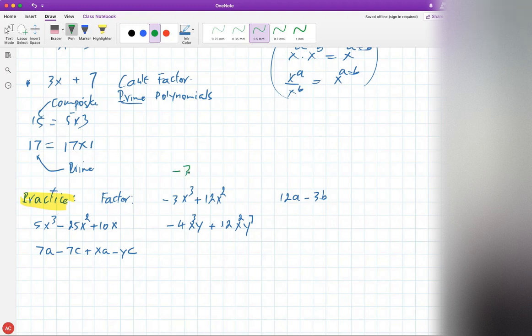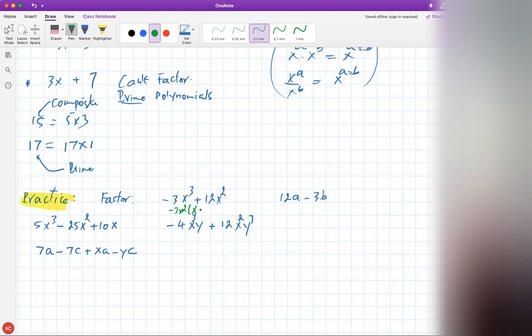Okay, negative 3x squared. Let me write it down here. So the common factor is negative 3x to the second. Then we're going to divide these two, x minus 4x. That's right.